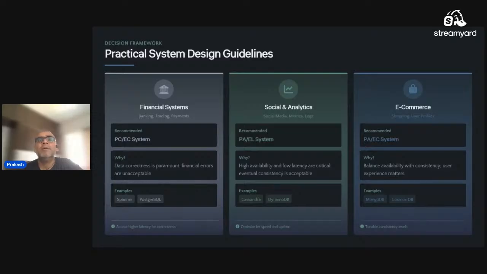You can't ignore consistency. I would say it matters more in e-commerce than social media, because there is a financial angle as well in e-commerce, you've got to pay, unlike social media, where it's mostly about chatting and collaboration. So e-commerce balances availability and consistency. In financial systems, consistency is important in all cases, and for social media, we primarily look for availability.